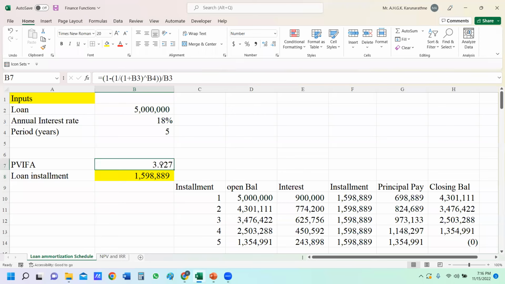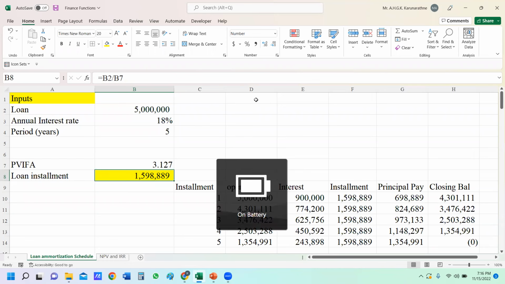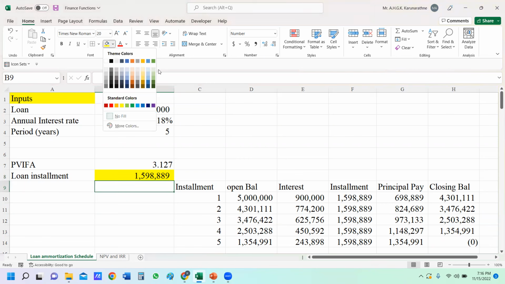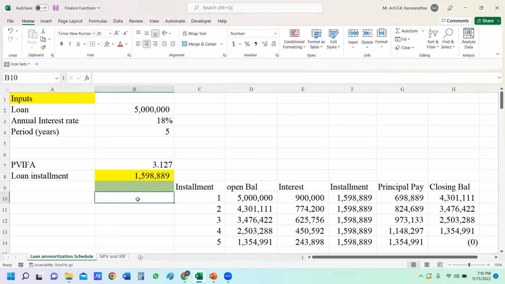You need to first find that out, then divide the loan by the PVIFA, then you can get the installment, right? Under Excel inbuilt functions, we have a separate simple formula to compute this loan installment.